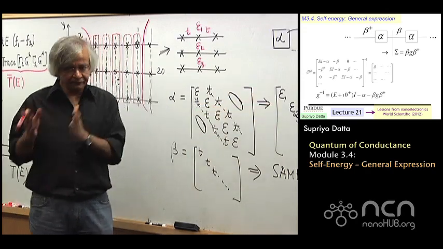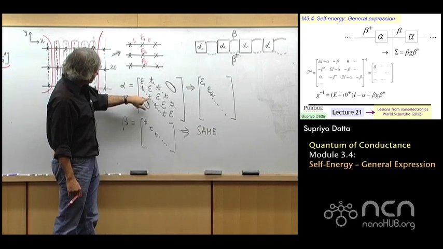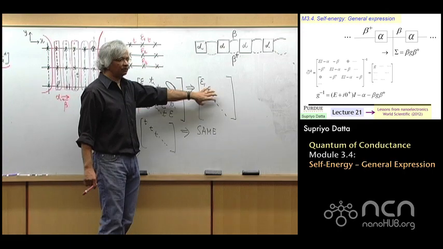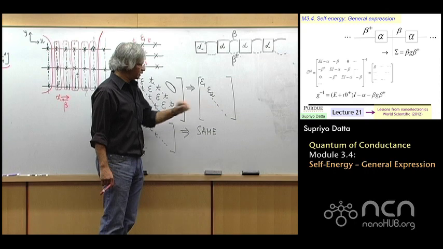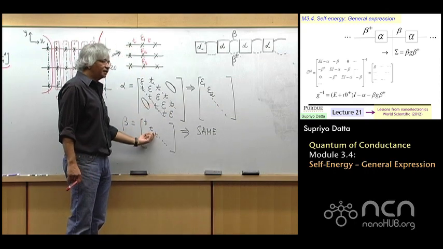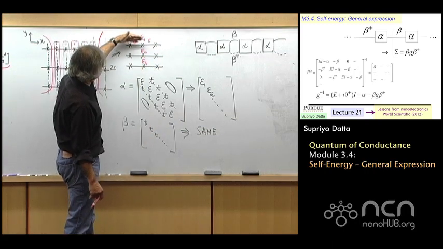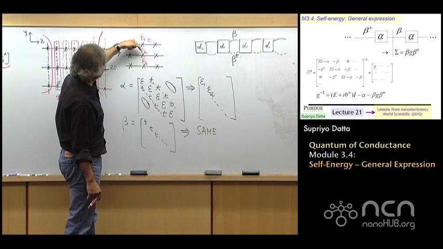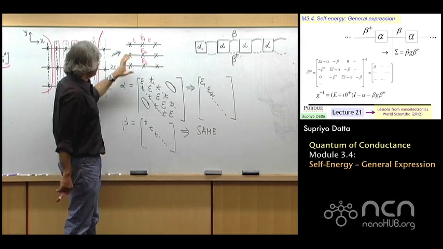That is, you go to a different basis, one in which this matrix with upper and lower diagonal elements gets transformed into a purely diagonal matrix with different diagonal elements. And because beta is an identity matrix, it stays the same, which means we can visualize it as independent wires, each having a slightly different epsilon, epsilon 1, epsilon 2, epsilon 3, and these are in a way the modes.